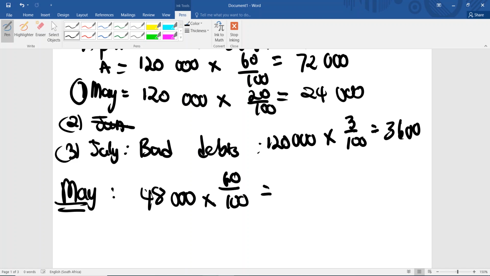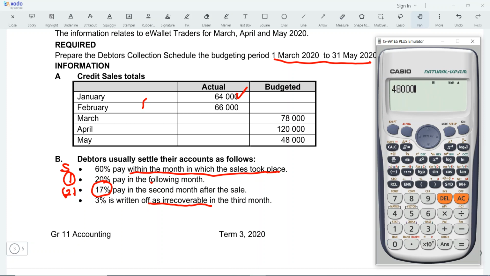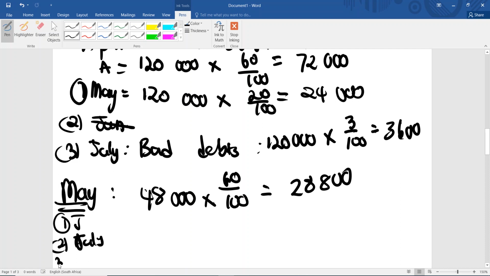So it's going to be 48,000 multiplied by 0.60, which is giving us 28,800. So we'll have that 28,800 here. Remember June is outside, so the first month here will be June, and the second month will be July. So in August they're going to write off bad debts.